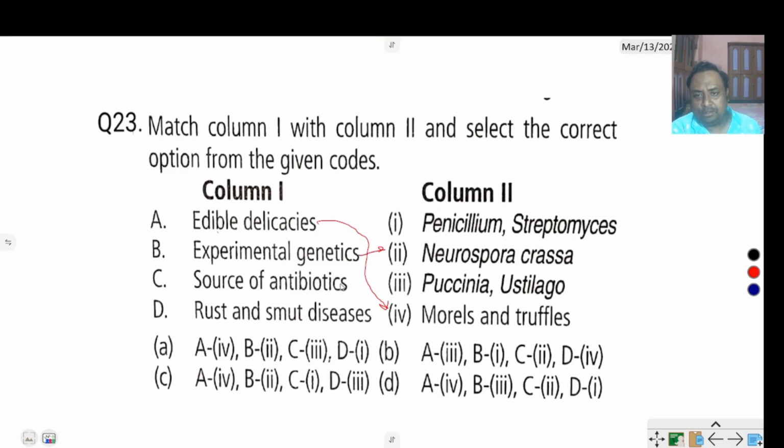Source of antibiotic: Penicillium and Streptomyces. Rust and smut disease: Puccinia and Ustilago nuda. So A is 4, B is 2, C is 1, D is 3. C is the correct option.